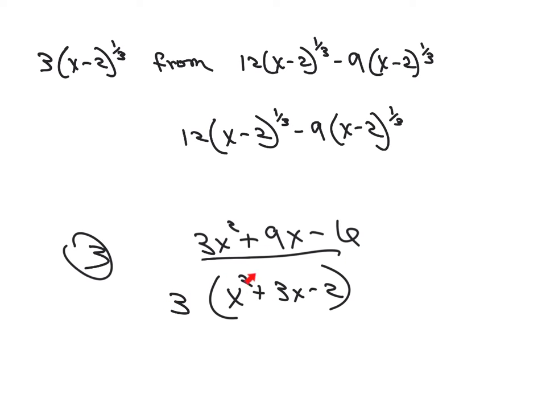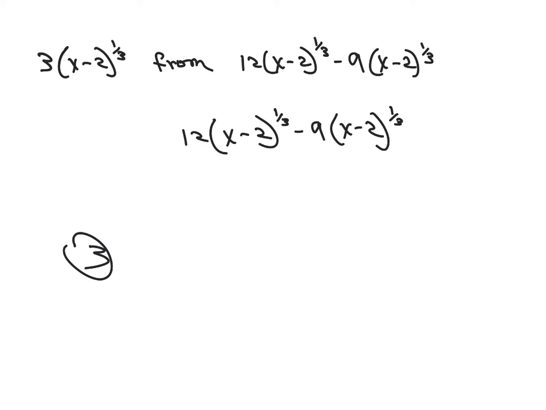If we keep that in mind, we can probably get through here without too much pain, although there will be some pain. Okay, so what we're going to do is we are automatically going to take a 3x minus 2 to the 1/3 out.